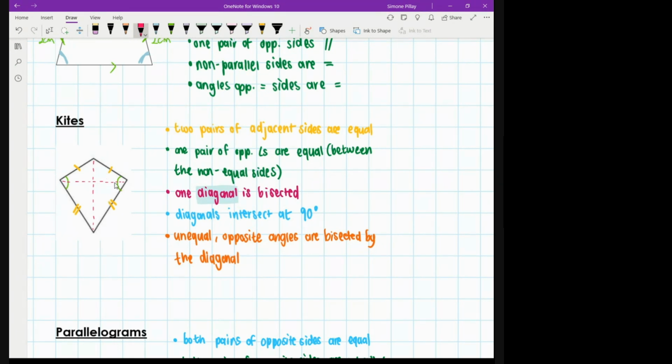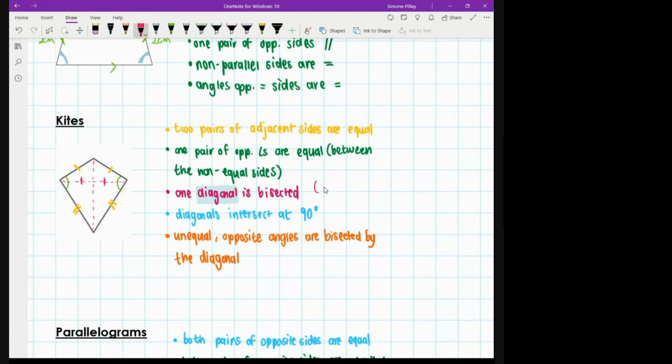And immediately I can see this part of my diagonal looks like it's equal to this side. Now, keep in mind, you can't just assume because it looks that way, but because I'm telling you this is a characteristic of a kite. Whenever you see a kite, you can always assume that your shorter diagonal is bisected.